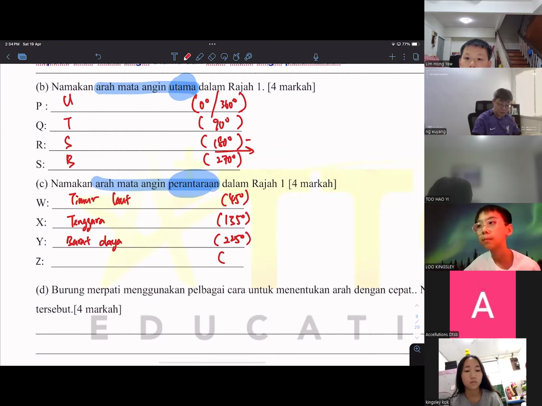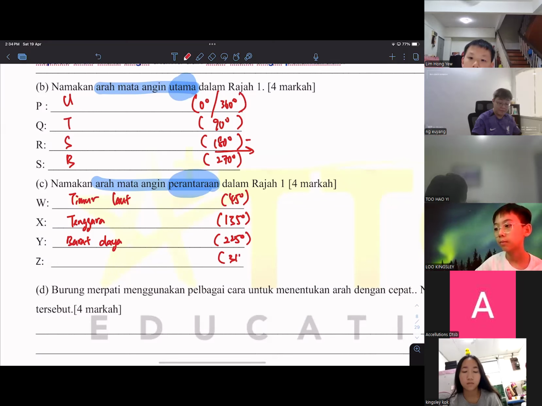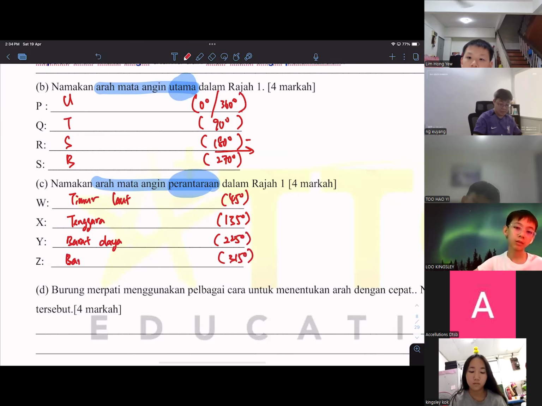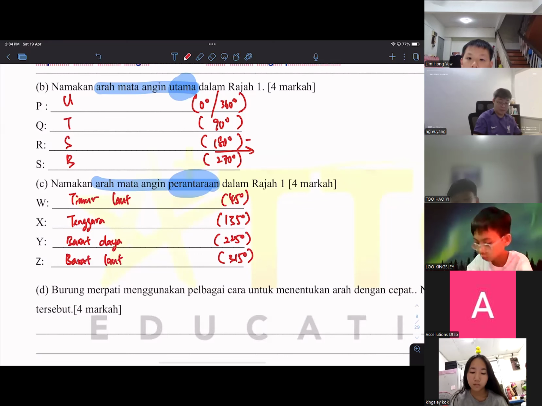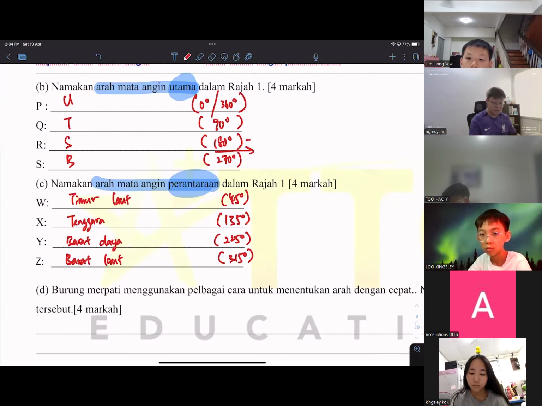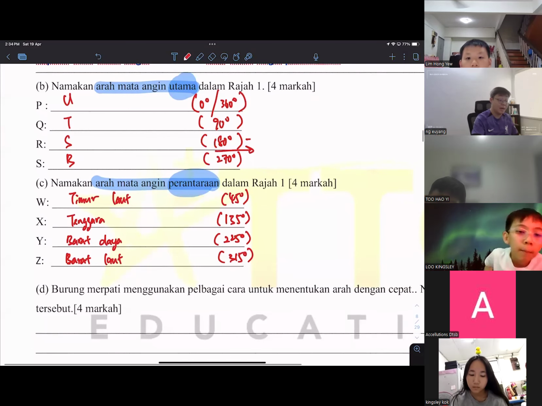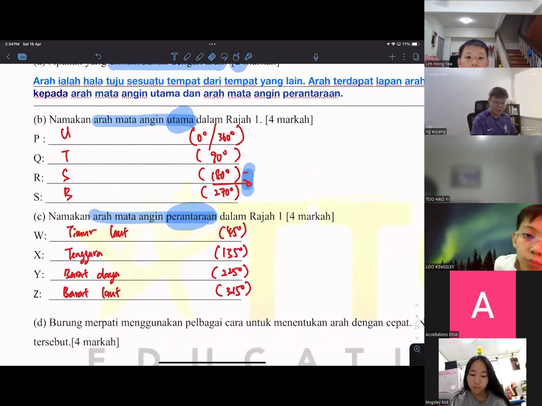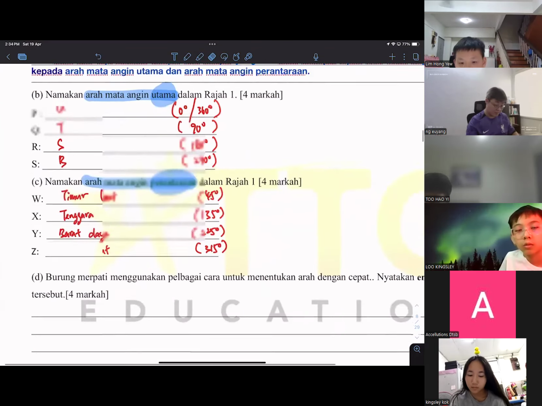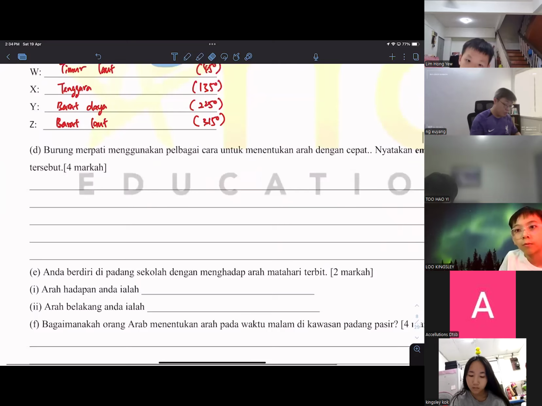The last one, which is 315 degree, is known as your barat laut. So try your best to identify all the bearing sudut according to the arah mata angin, no matter if it's utama or perantara. Done.